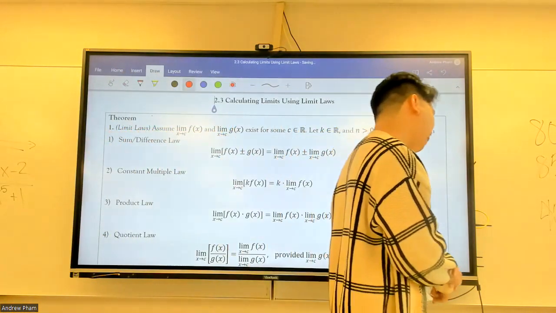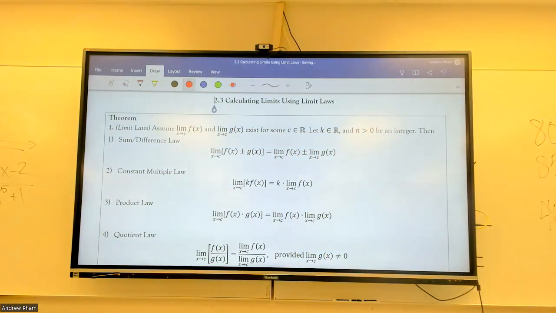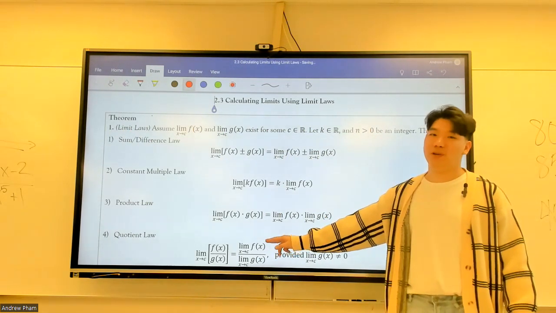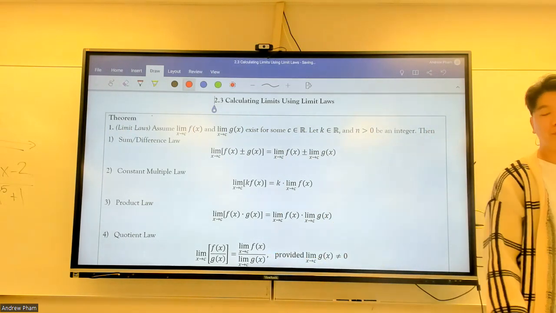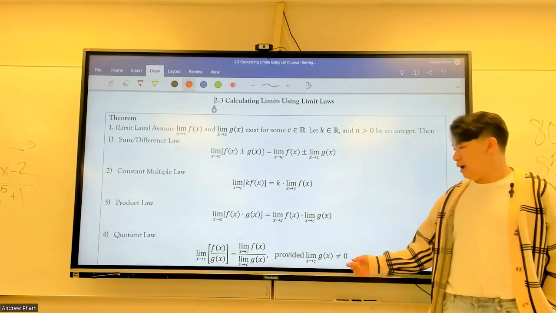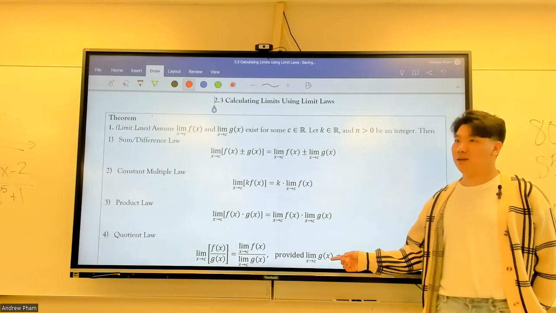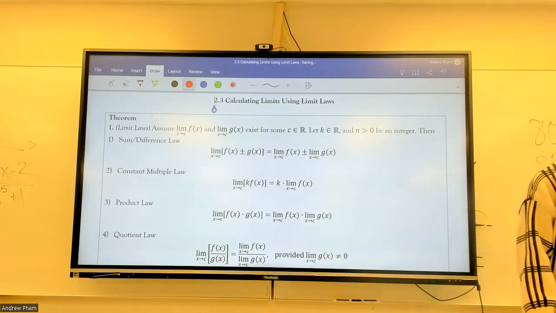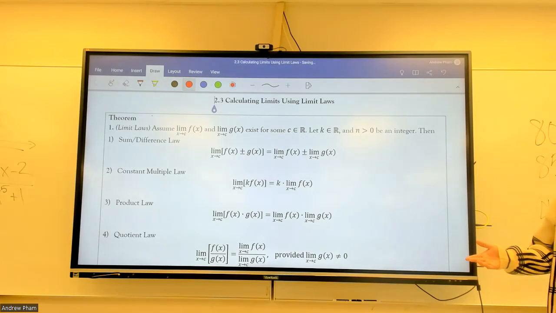So as I said, if you haven't copied down the quotient law yet, it follows the exact same pattern. The limit of a quotient is the quotient of each individual limit. And this rule applies so long as the limit of my denominator is not 0. That can be explained very quickly.